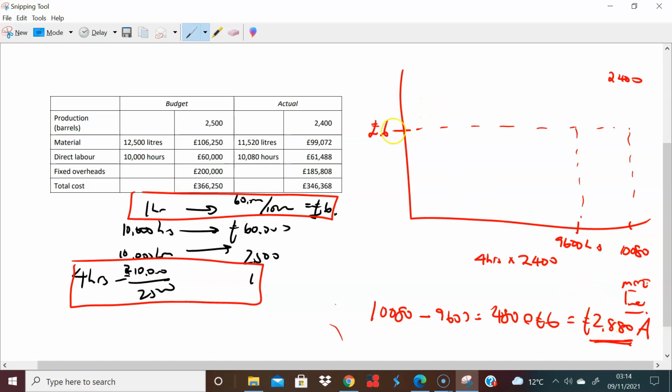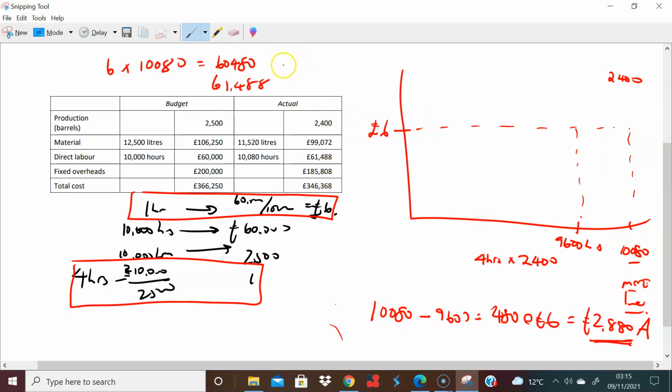Let's look at price. You should have spent £6 on these 10,080 hours that you bought in. So 6 times 10,080 is 60,480, but you spent 61,488. So even here you ended up spending more.